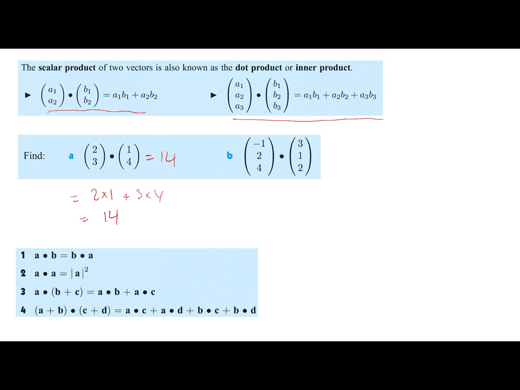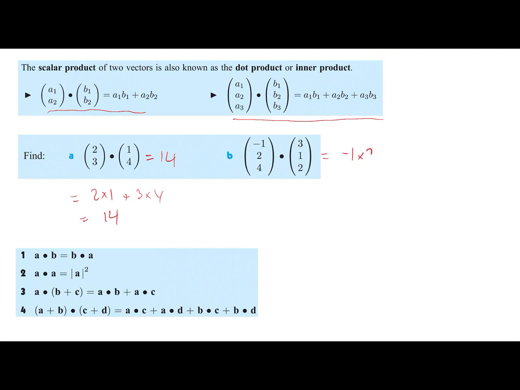Now this does have a geometric representation. It is something that you're physically doing with the vectors, but I don't want to get into that too much just now. I'll mention it in a bit more detail a little bit down the line in the video. I just want you to be able to calculate the dot product at this point.